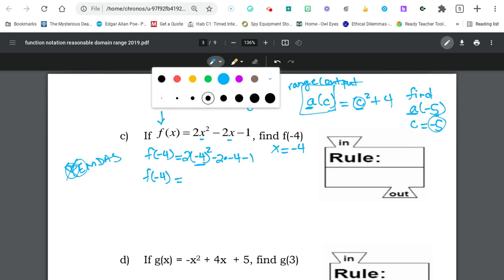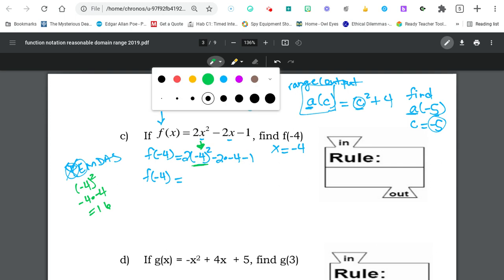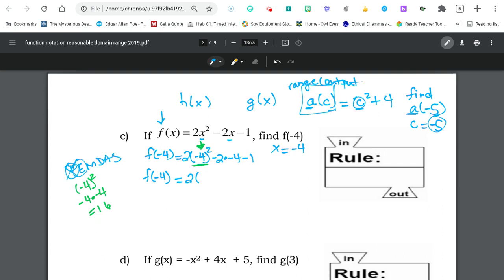Well, I do have an exponent, right here: negative 4 squared. So I'm going to take negative 4 and square it. That's just negative 4 times negative 4, which is positive 16. So I'll replace this part with positive 16. So instead of 2 times negative 4 to the second power, it simply becomes 2 times 16 minus 2 times negative 4 minus 1. I just bring the rest of the stuff down.